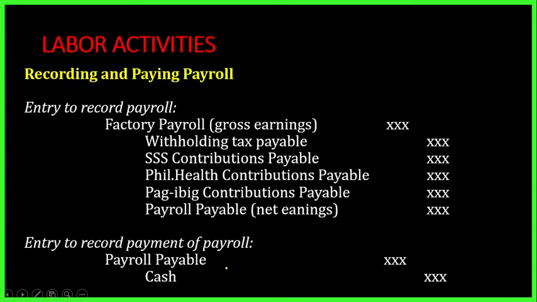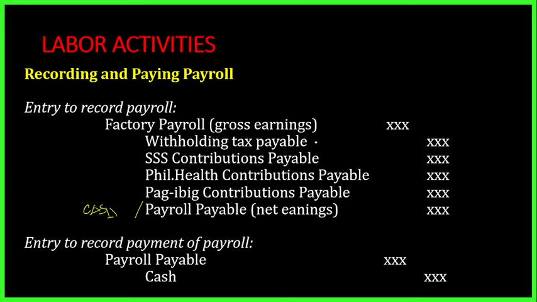Okay, this is now your cash that will be given to your employees. So upon payment, the journal entry now will be debit to payroll payable and a credit to cash. So at the time of journal entry, if this is credited to cash, okay lang naman, no? Instead of payroll payable, you can put cash.